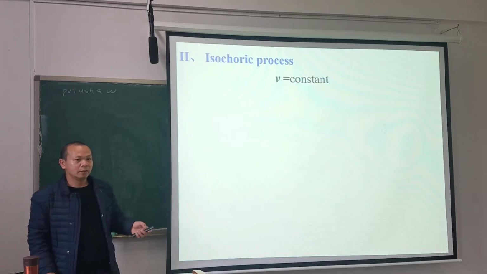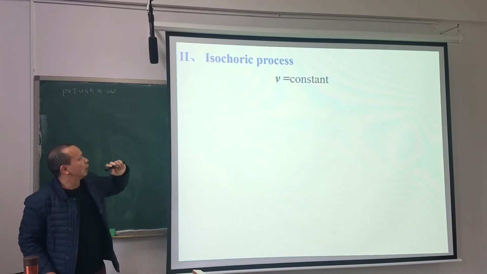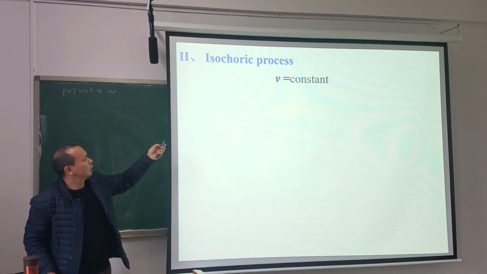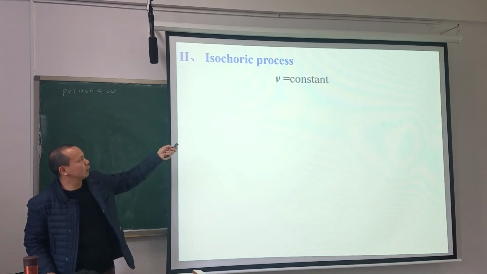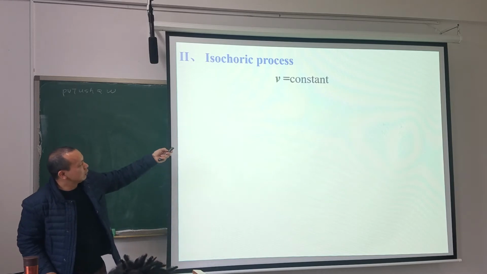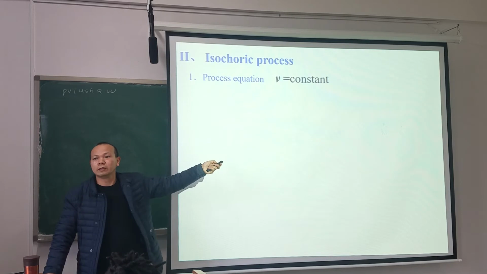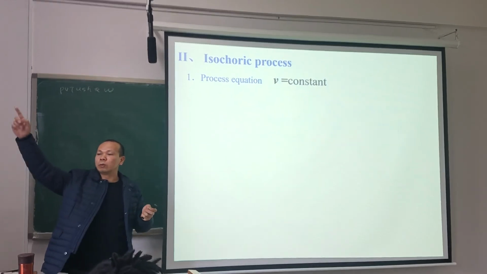Okay, now some simple examples. The first process is an isochoric process. We know the process equation is V equal to a constant, or dV equal to 0.